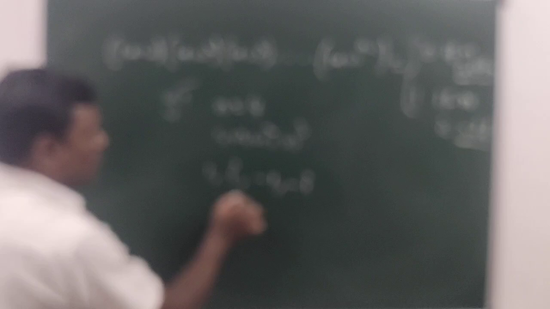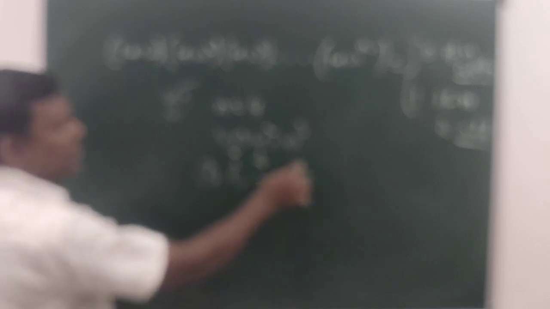So these are the roots of this fourth root of unity: 1, i, minus 1, minus i. 1 is a real root, keep it aside. But omega value is i. Omega square on simplifying is minus 1. And omega cube is minus i. Now substitute these values over here.